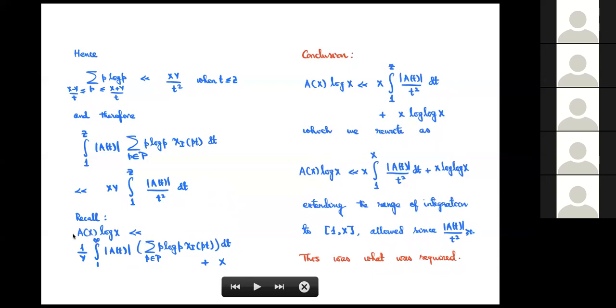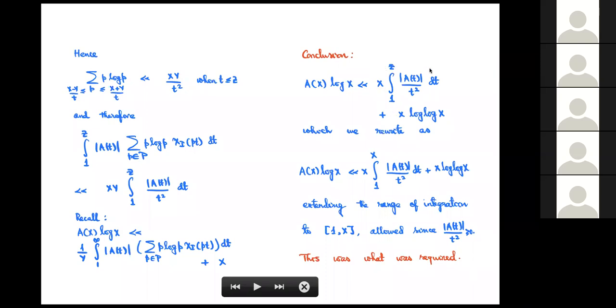Okay. Therefore, if you combine everything, you recall that this was the inequality we started with, and we were estimating the contributions from this integral in the range 1 to z and z to infinity. If you put in those contributions, and remember that you have to divide by y, you see that the contribution from t greater than z is xy log x, and you divide by y and you get x log x.